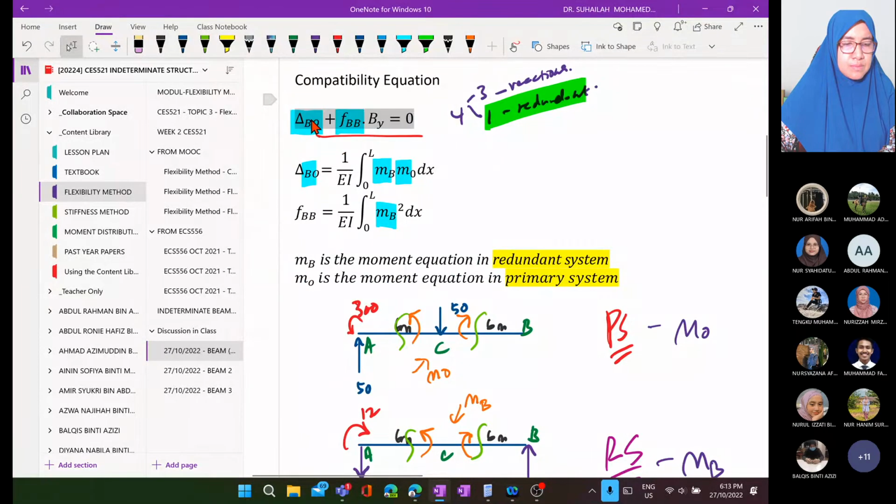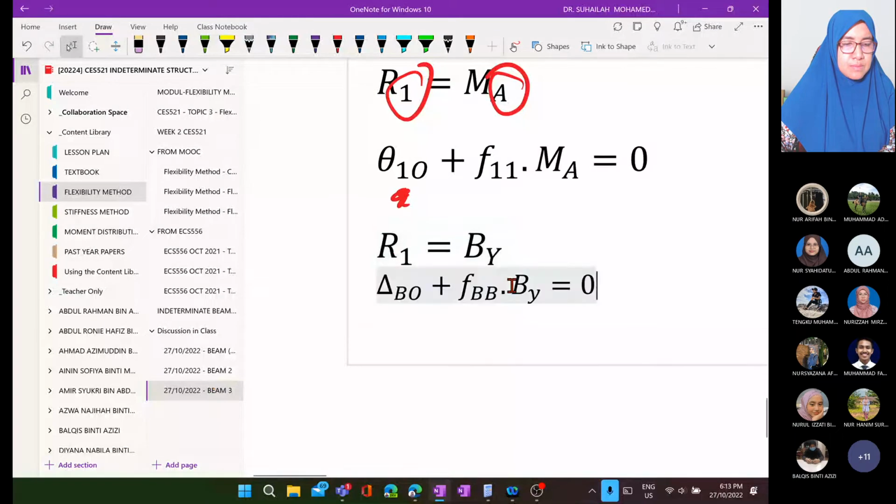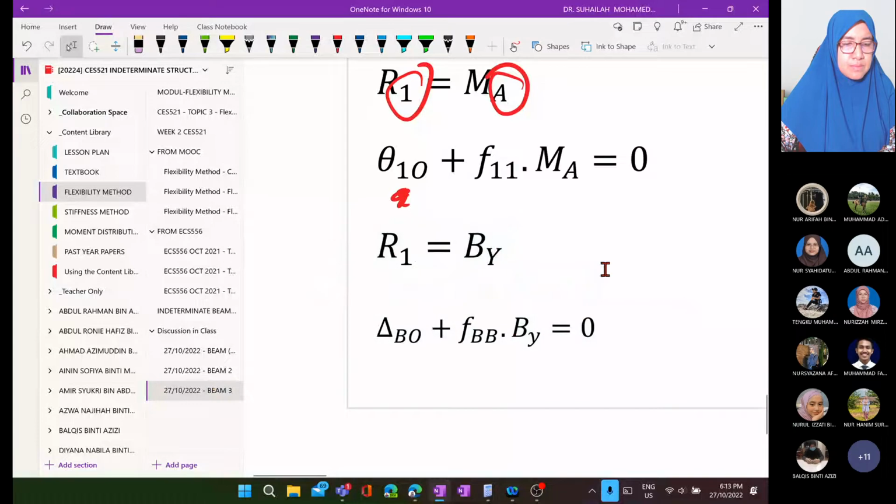So the general form of compatibility equation. Now the symbol is B. So all B will change to 1, including the notation that we use, delta B naught, we change to 1 naught.